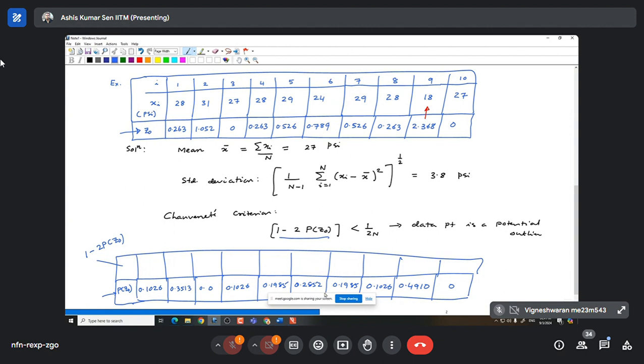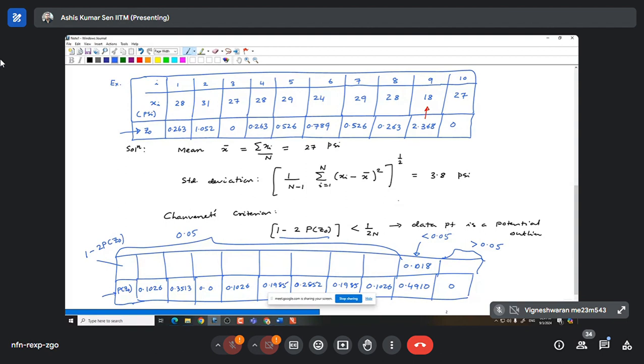If you find it, you will see that this value is going to be 0.018. All other values here are going to be greater than 0.05. Only this value here is going to be less than 0.05.